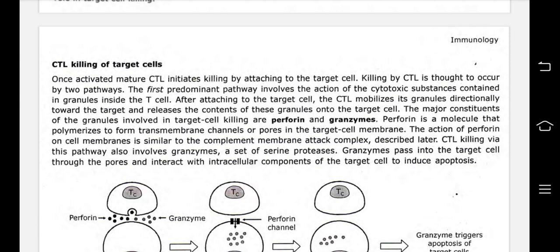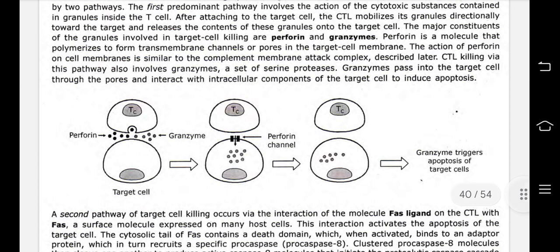CTL killing via this pathway also involves granzymes, a set of serine proteases. Granzymes pass into the target cell through the pores and interact with intracellular components of the target cell to induce apoptosis. Here you can see perforin entering the target cell, the perforin channel, and granzyme triggering apoptosis of the target cell.